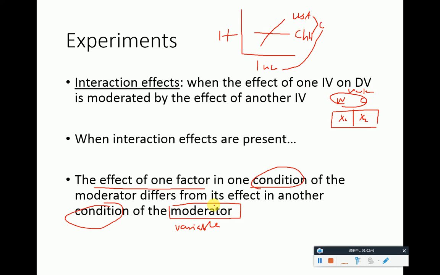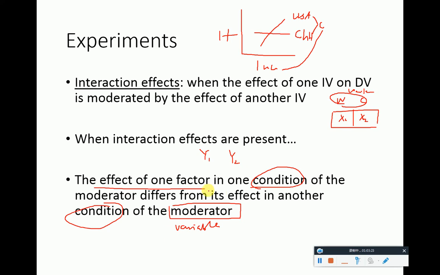So this sentence simply means the effect of one variable will be one thing. Let's say the effect of one factor in one condition of the moderator, let's use y, we denote that as y1, and let's denote the effect of one factor in another condition of the moderator as y2.